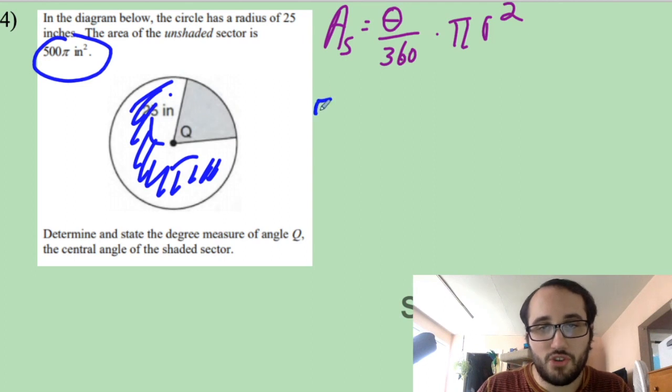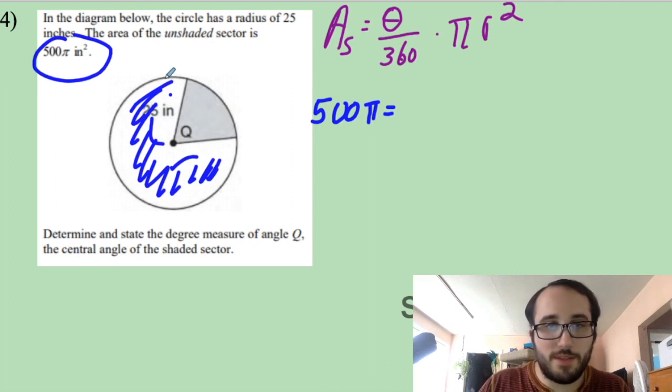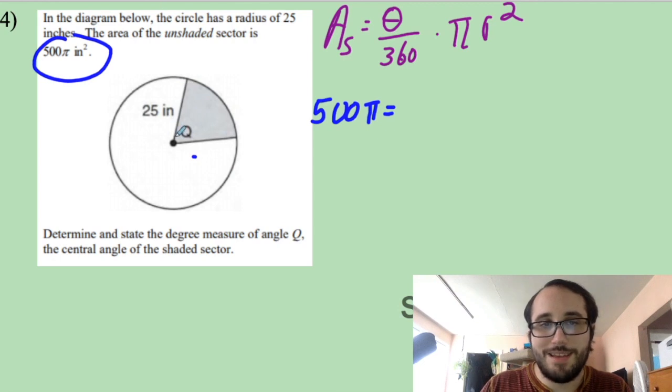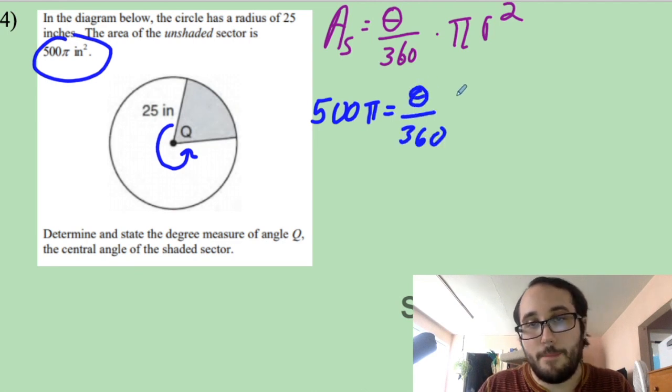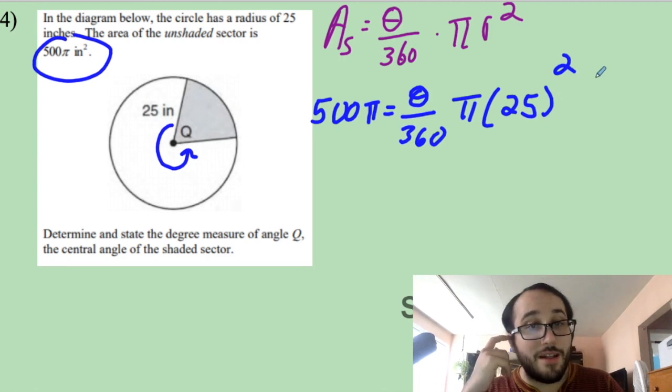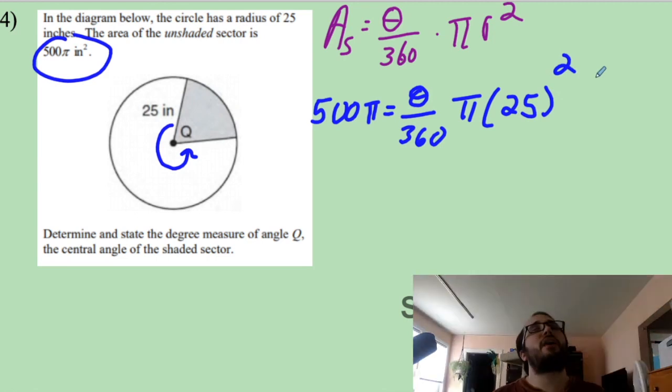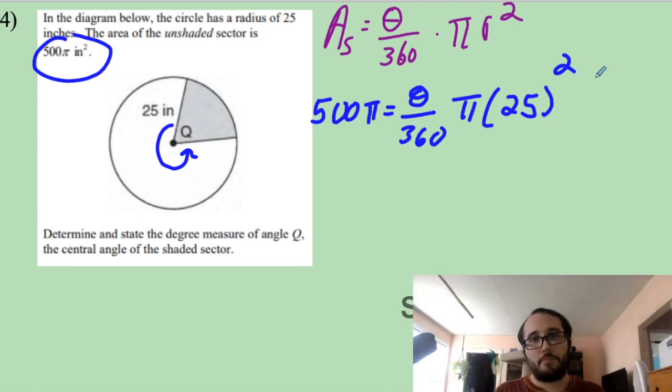So we have 500 pi equals, do we know the angle measurement of the inside of the circle? This part? Not yet. So I have to keep that as theta over 360 times pi. And do we know the radius? Yeah, it's 25.